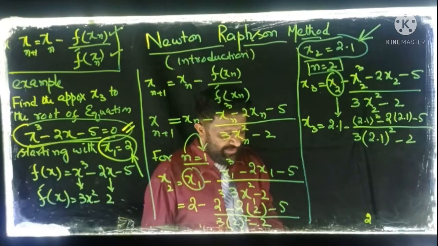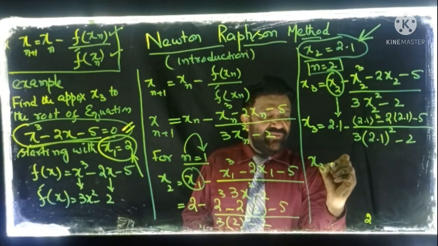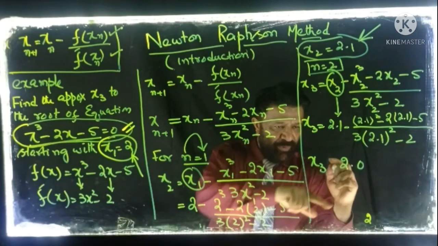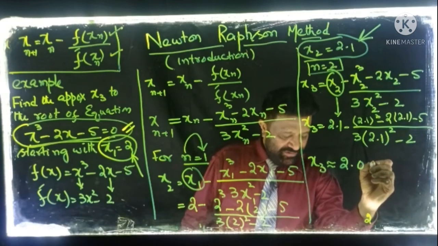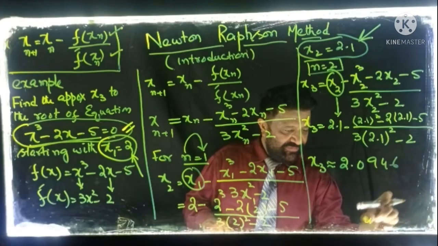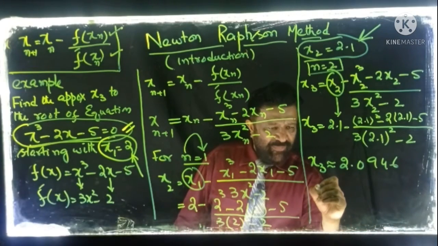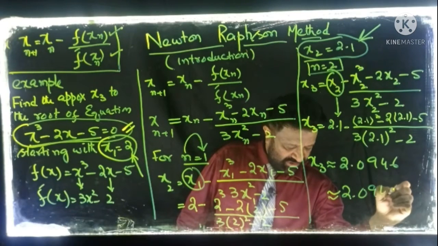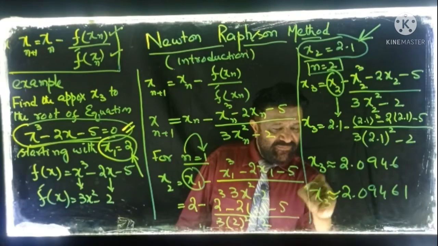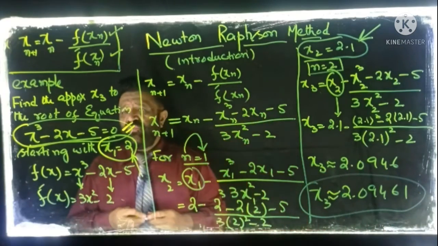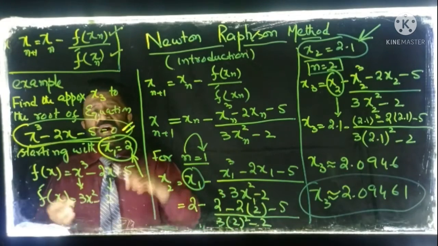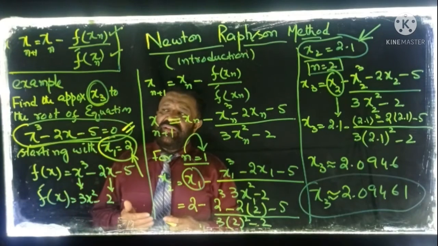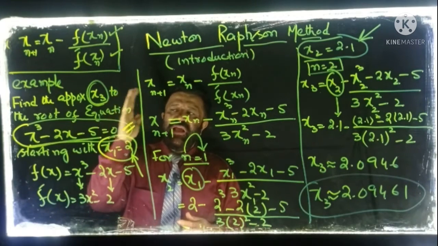And once you simplify, you will finally get x3 is equal to 2.09461, that is the approximate value of x3, and you were supposed to find the approximate value of x3.